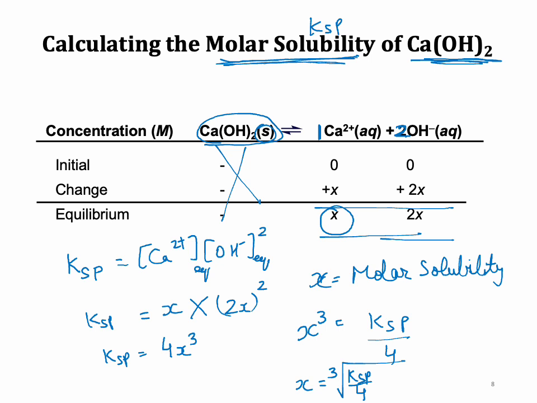Whenever the question is asking you to find solubility or molar solubility, we are solving for x, specifically molar. If it's asking for any other unit, we have to convert into that unit, but molar solubility is x, and Ksp is the equilibrium constant expression for this reaction.